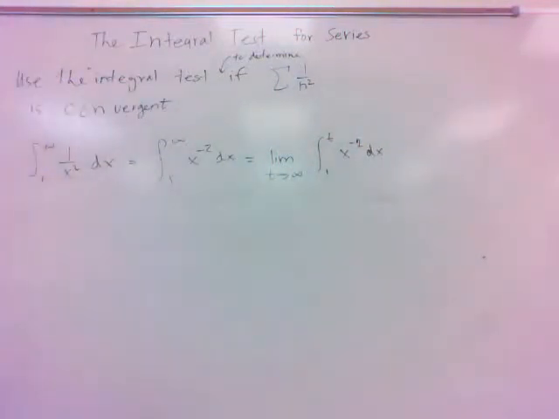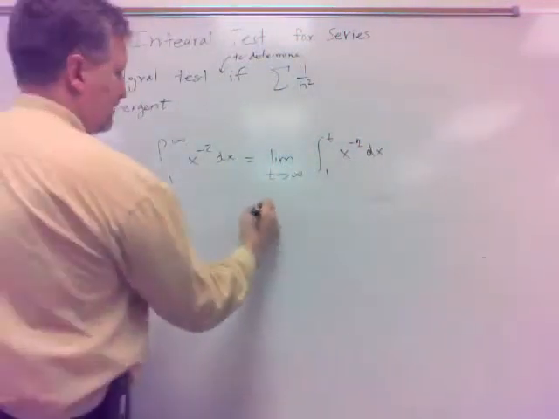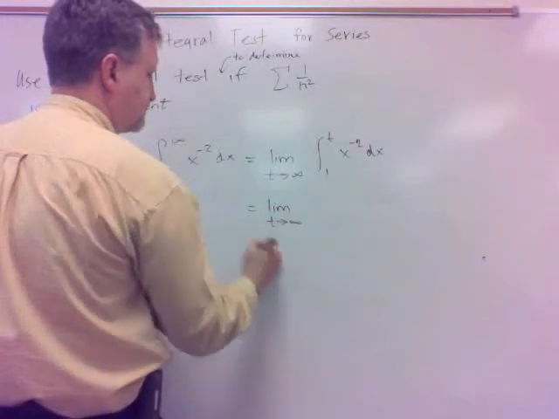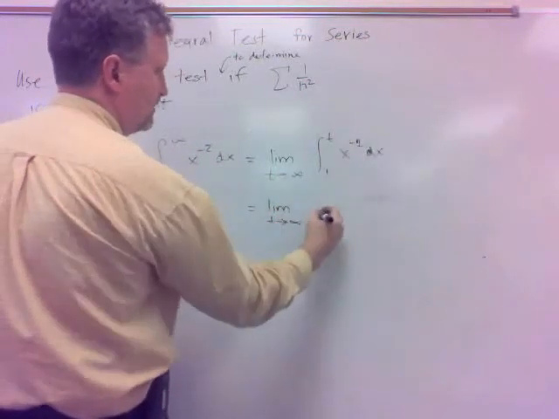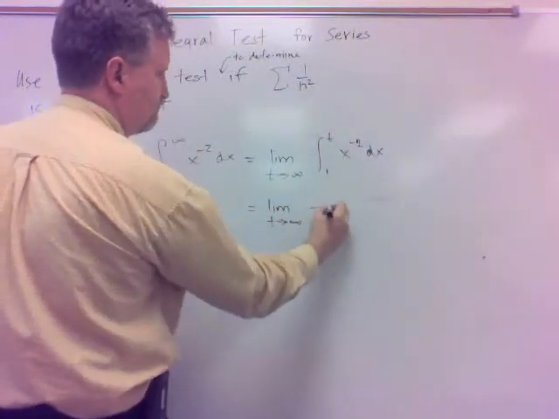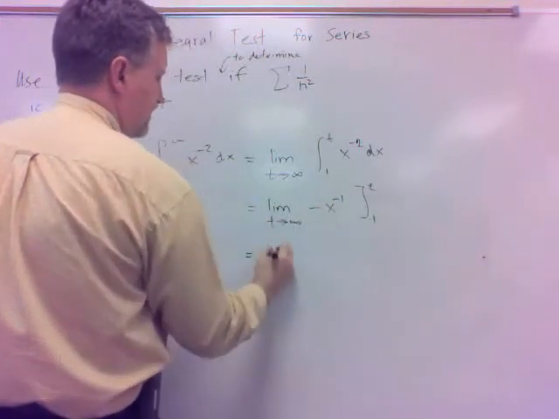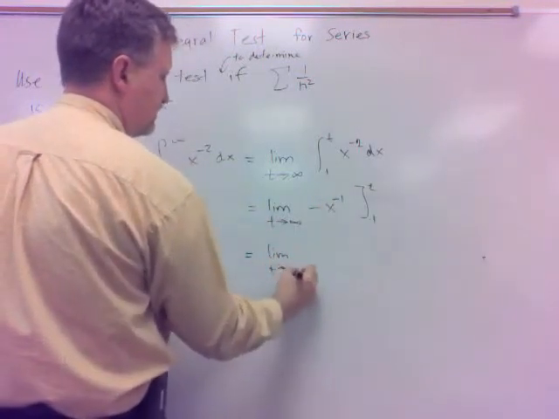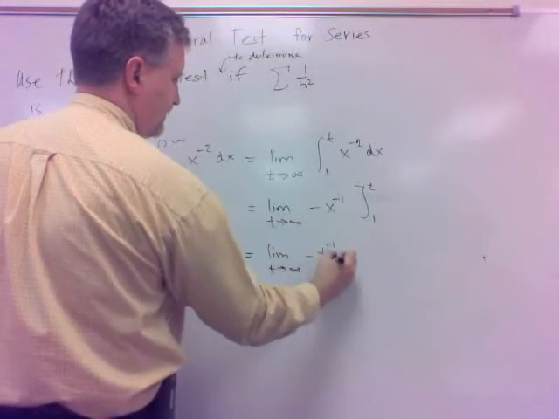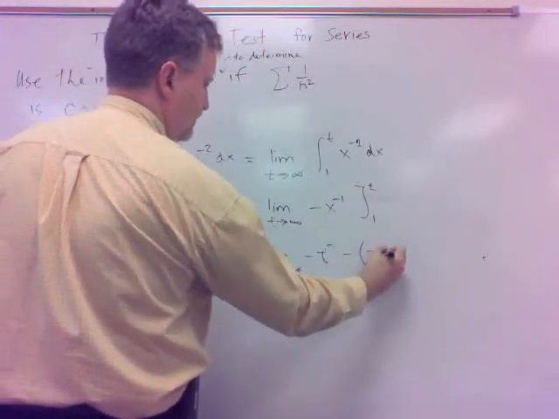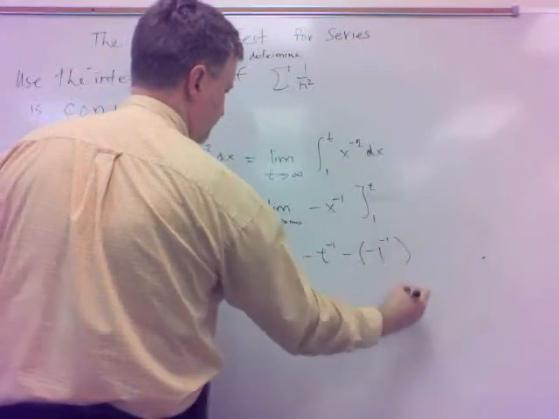That's what we do here. The integral part is not too bad. What would it be? Negative x to the negative 1? From 1 to t, so it's the limit as t goes to infinity of negative t to the negative 1 minus negative 1 to the negative 1. Right?